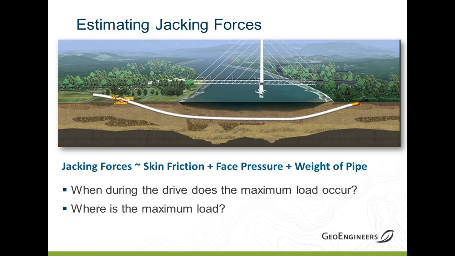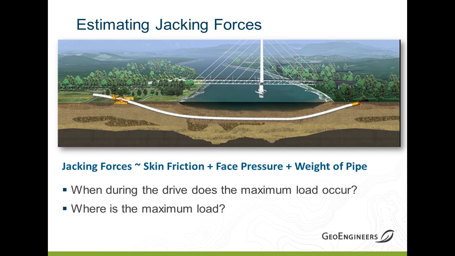Theoretically, the maximum load occurs when you're just about ready to punch out, so you still have a face pressure portion of your load, and you have the full length of the pipe in the soil picking up skin friction. The whole length of the pipe back to the pipe thruster is picking up load as it goes through the soil.